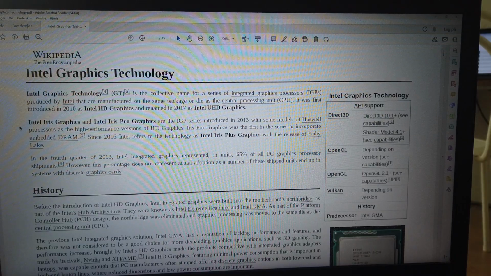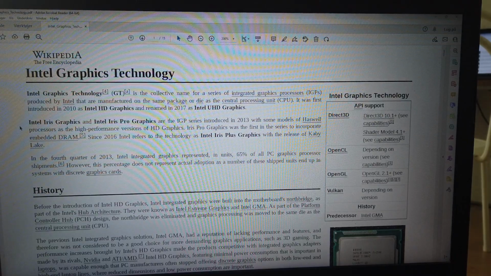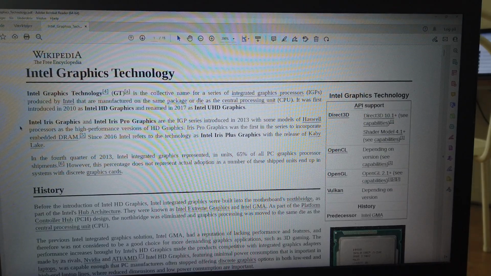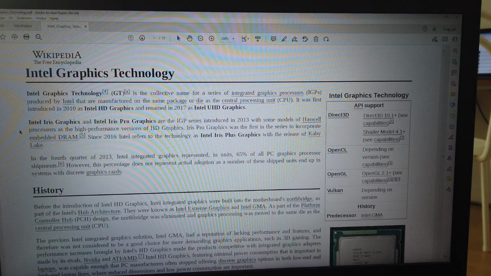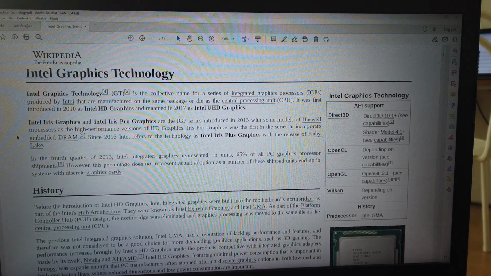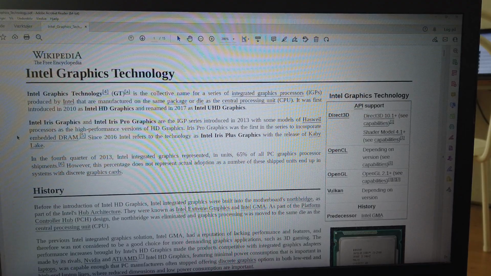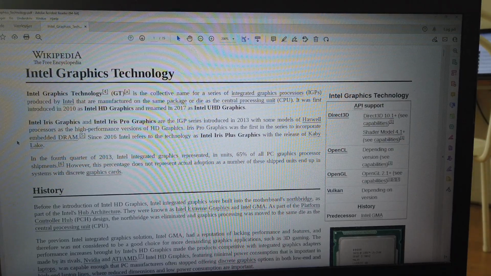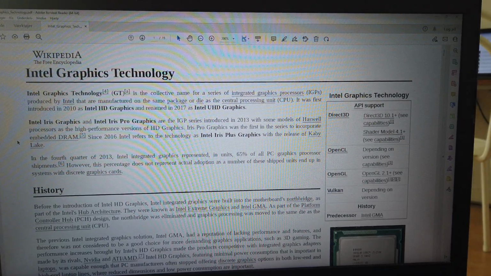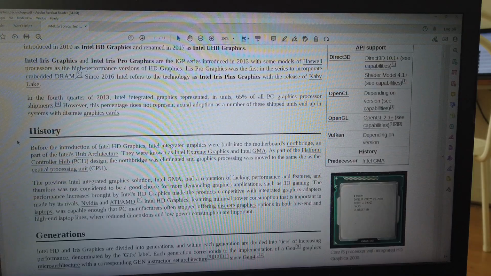Intel Iris Graphics and Intel Iris Pro Graphics are the IGP series introduced in 2013 with some models of Haswell processors as the high-performance versions of HD Graphics. Iris Pro Graphics was the first in the series to incorporate embedded DRAM. Since 2016 Intel refers to the technology as Intel Iris Plus Graphics with the release of Kaby Lake.